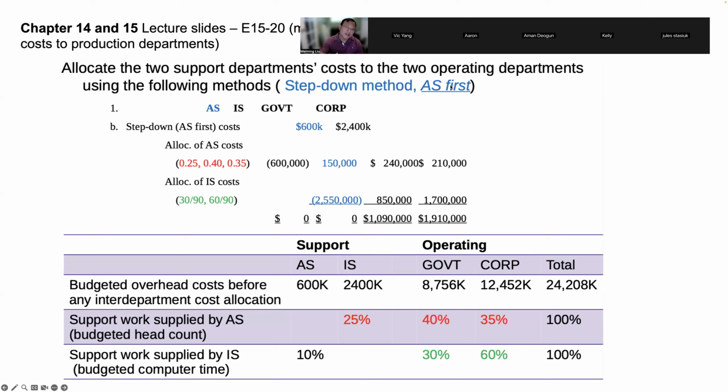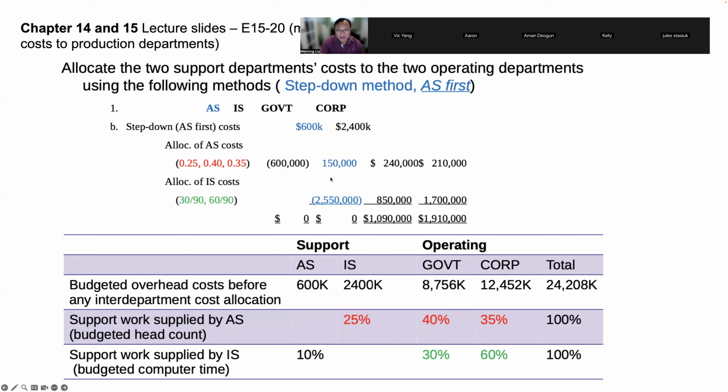That means I will first allocate the cost of AS. The cost of AS is $600,000, okay? And then the allocation goes, the red color number, 25 for IS, 40 for government, and corporate is 35.